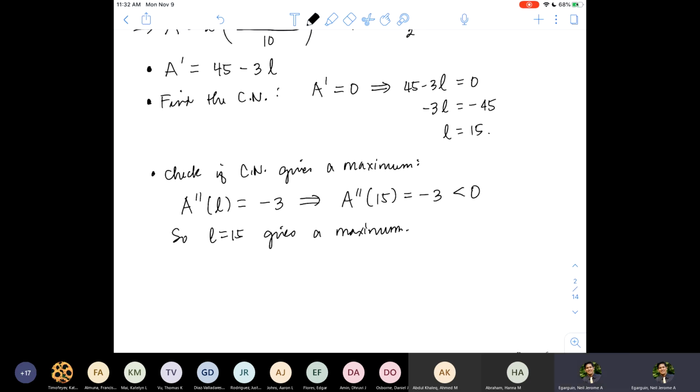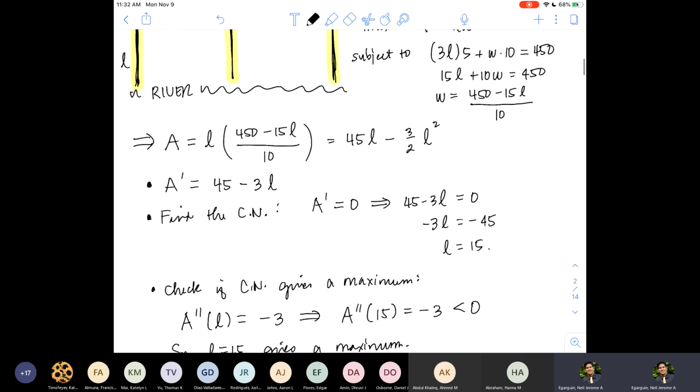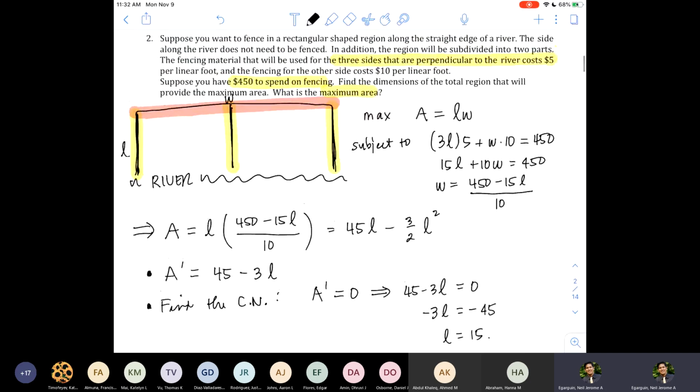Right? And then we'll go back to the problem and see what it is really asking for. It's asking for the dimensions of the total region that will provide the maximum area. And aside from the dimensions, meaning the length and the width of the region, we also want to see what's the maximum area.